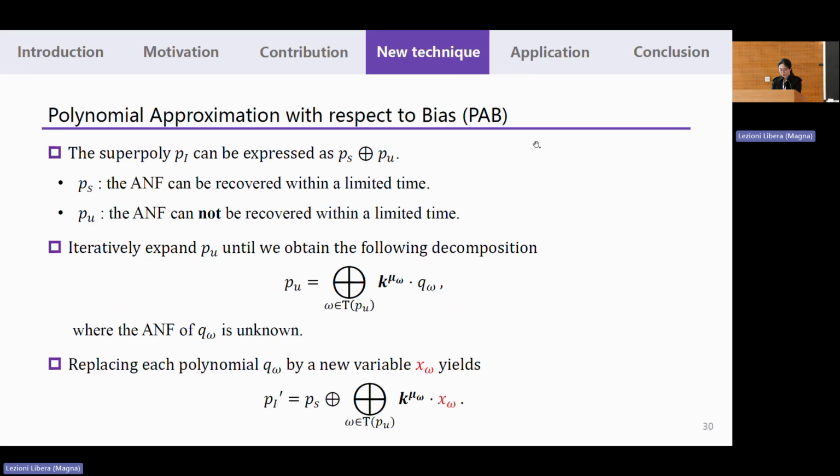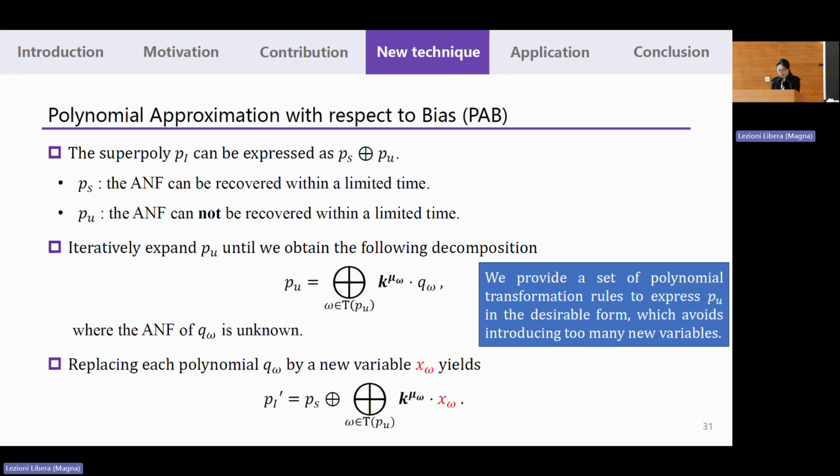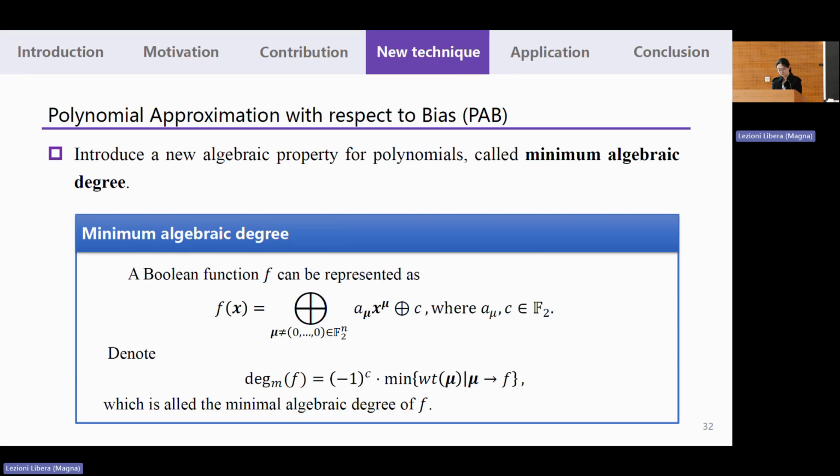Replace each polynomial q omega by a new variable x omega, and we get an approximate polynomial Pi prime. We provide a set of polynomial transformation rules to express Pu in the desirable form, which avoids introducing too many new variables. To evaluate the Bayes of each q omega, we introduced a new algebraic property of polynomials called the minimum algebraic degree.